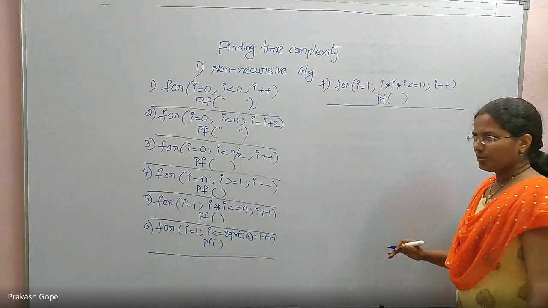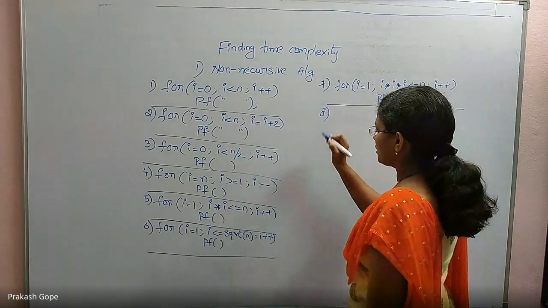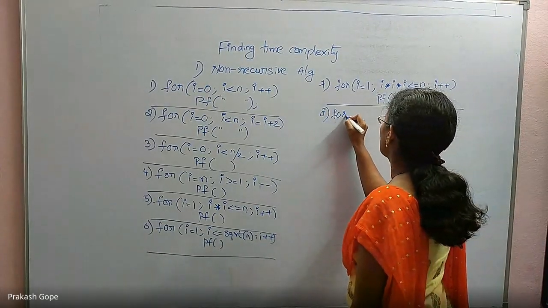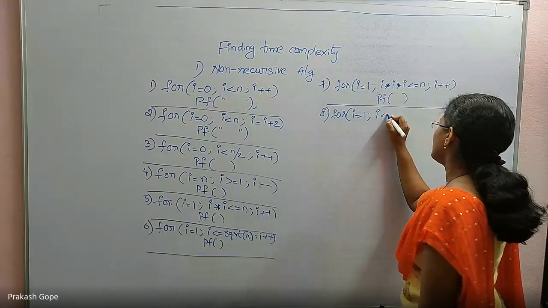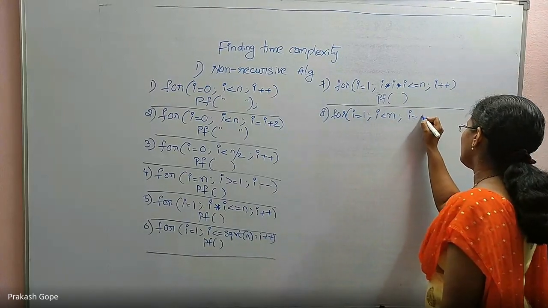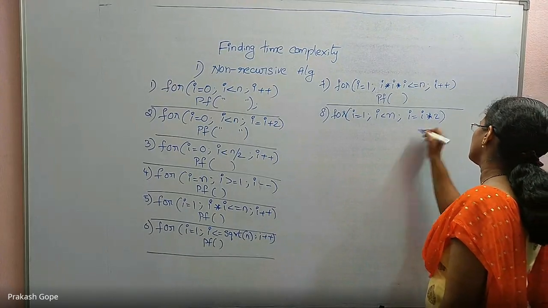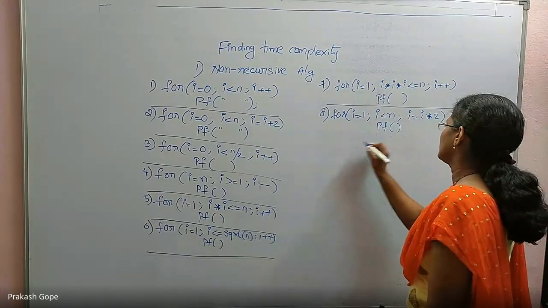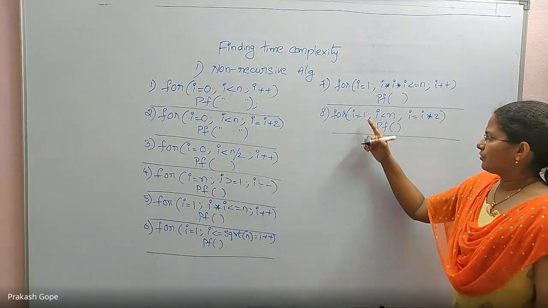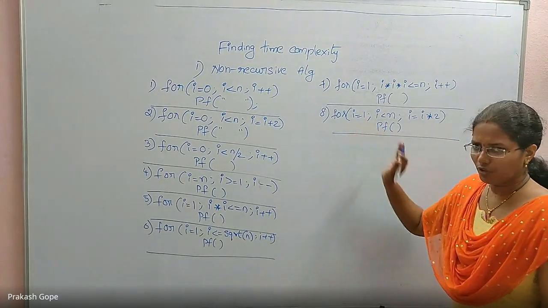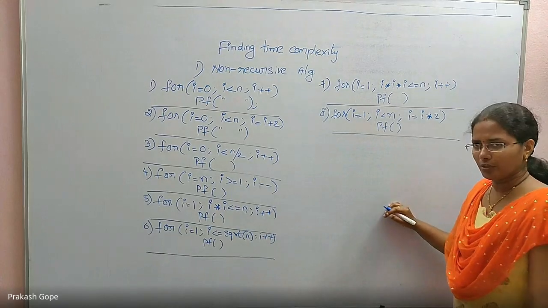Shall I continue some other algorithms? We'll discuss all of them at a time. For i equal to 1, i less than n, i equal to i star 2. It need not be a printf. Any number of instructions in a for loop is just a block of statements.